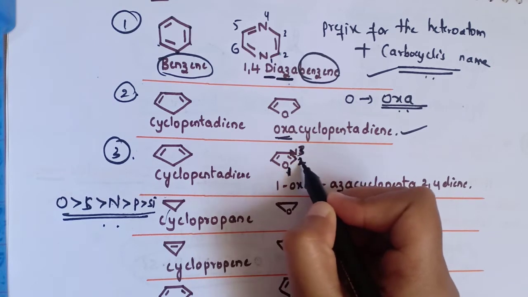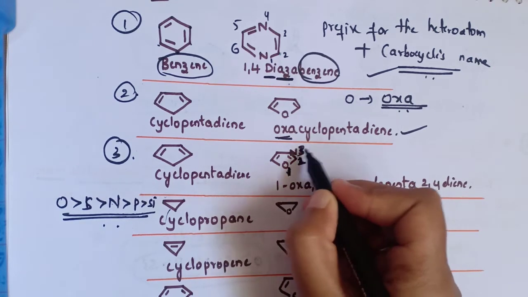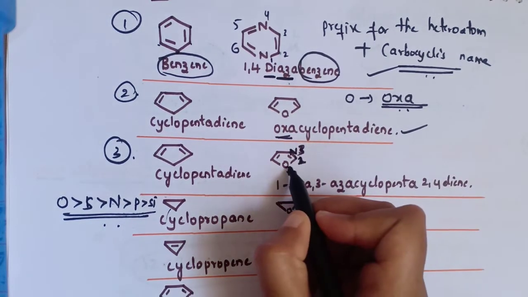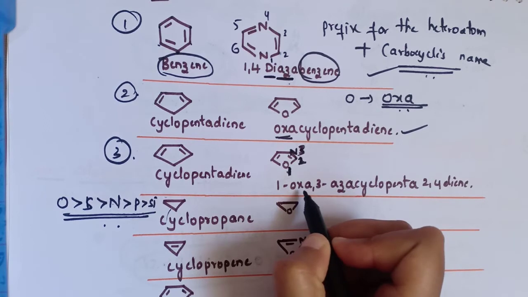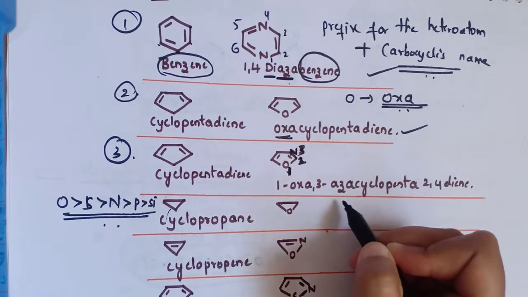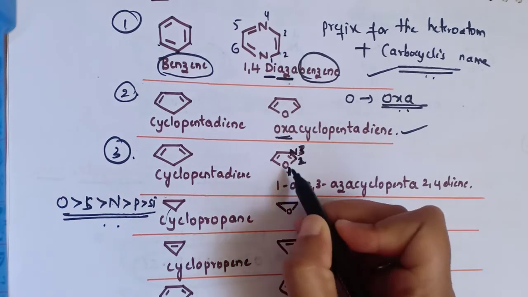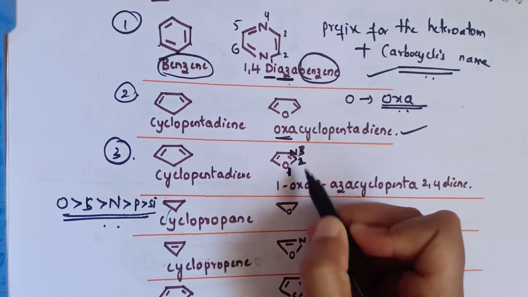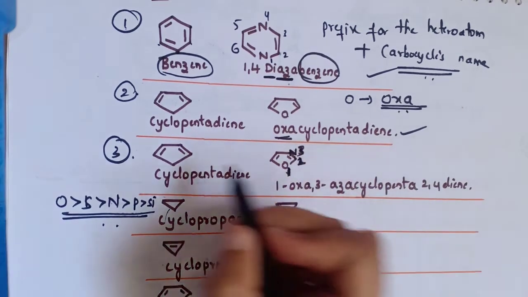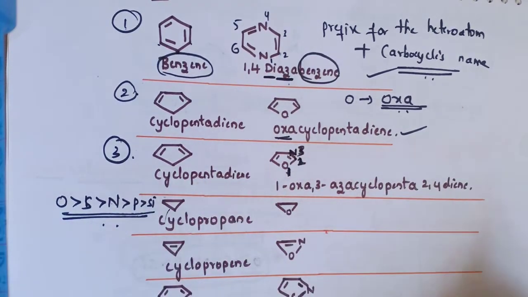The carbon is getting the second number, and the nitrogen is getting the third one. In the first position we have oxygen, that means oxa, and in the third position we have nitrogen, which is called aza. And the next part is cyclopentadiene.